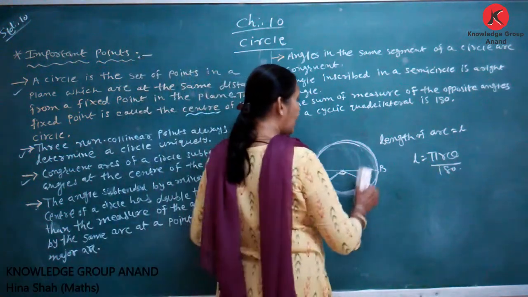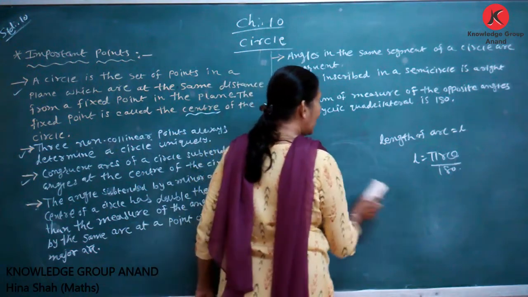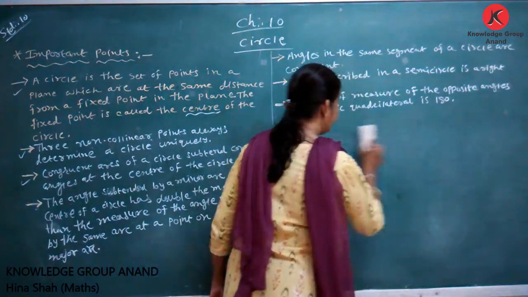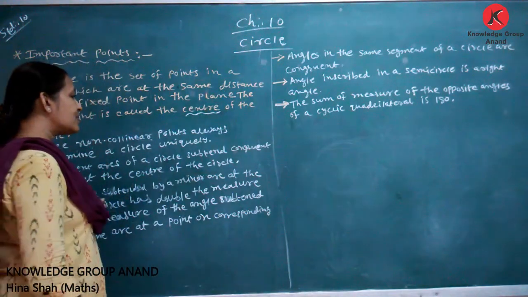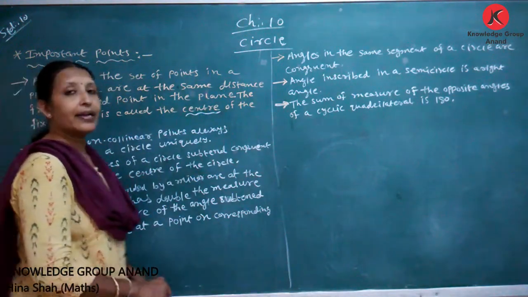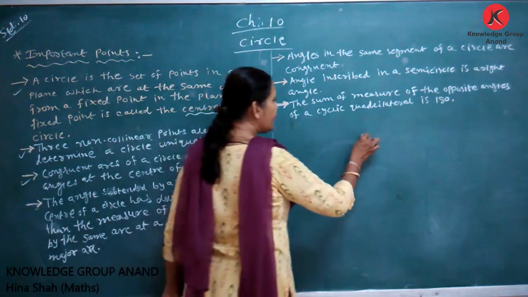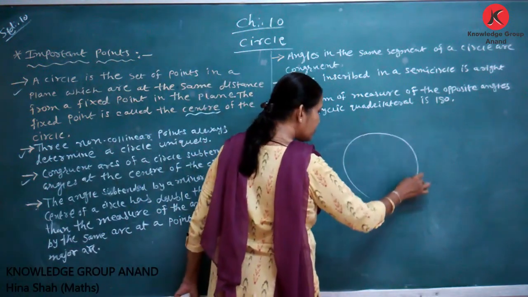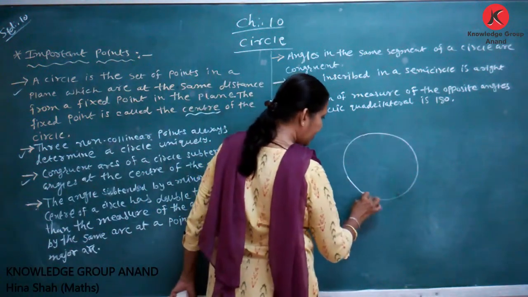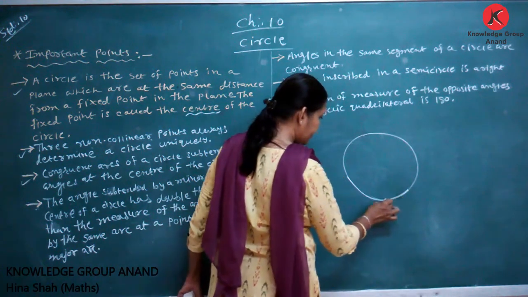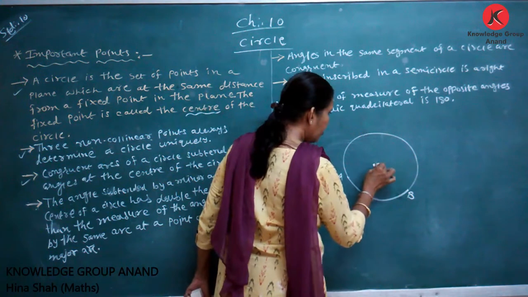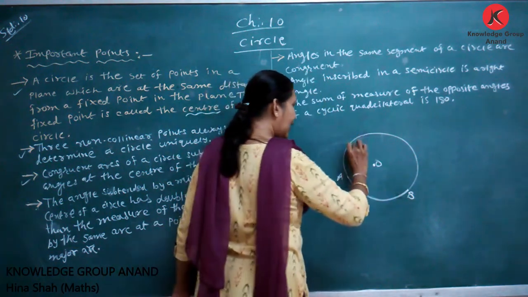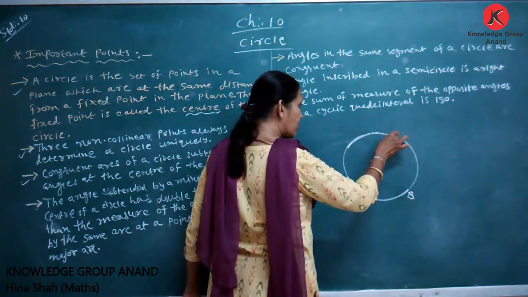Pi r theta upon 180. Now, in this topic, we know this: congruent arcs of a circle subtend congruent angles at the center of the circle. Suppose here are congruent arcs AB, where O is the center, and CD is also congruent.